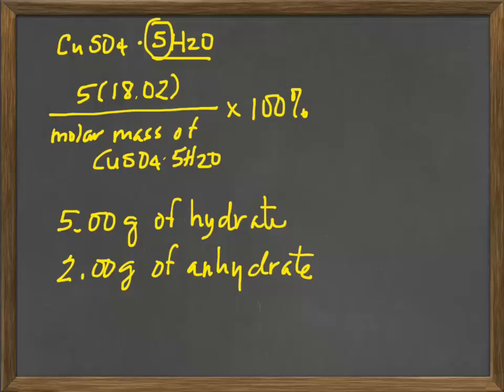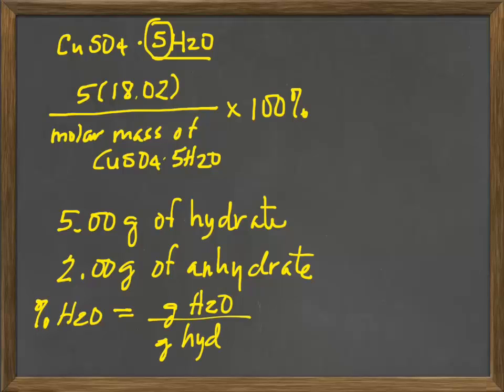To find the percent water in this compound, we need the mass of the water divided by the mass of the hydrate, the whole thing, times 100%. How do we find the mass of the water?